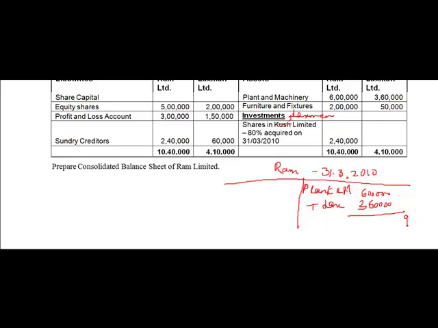So in the outer column, I get my 9,60,000 as the plant and machine. Very simple. There is no adjustment. In consolidation, what I did was I did the sum of these two. Similarly, for furniture and fixture, there is no adjustment. So I just straight away consolidate these two, 2,50,000. Then comes the next one. And this is important.